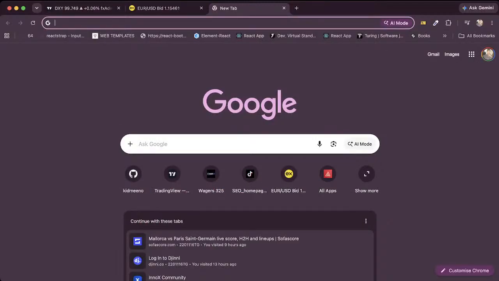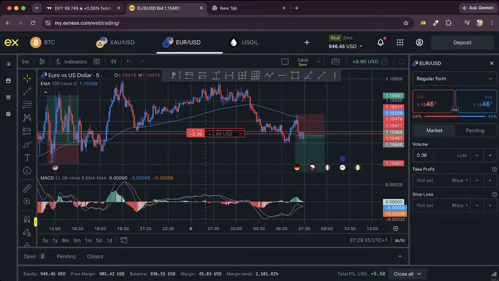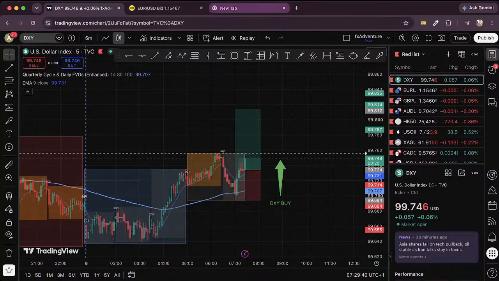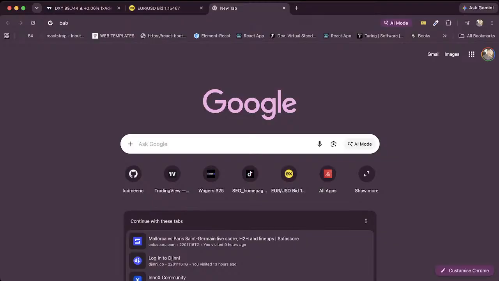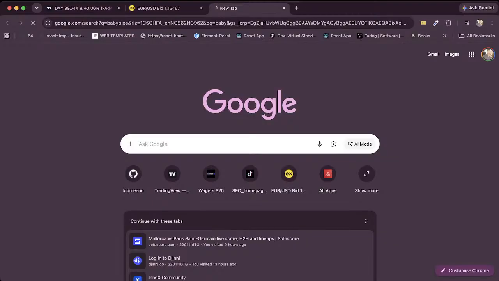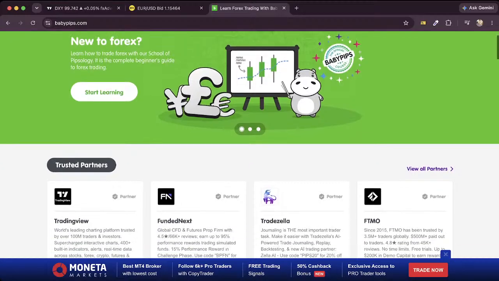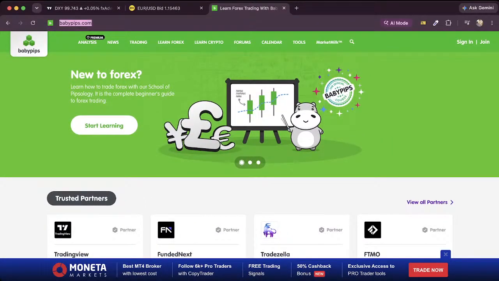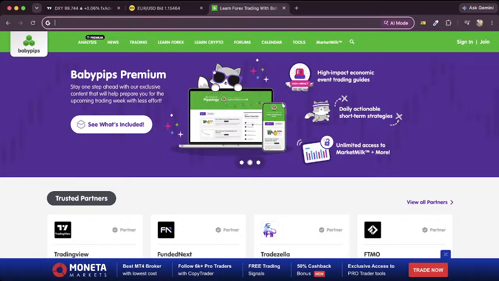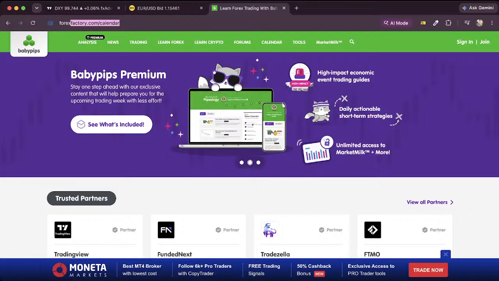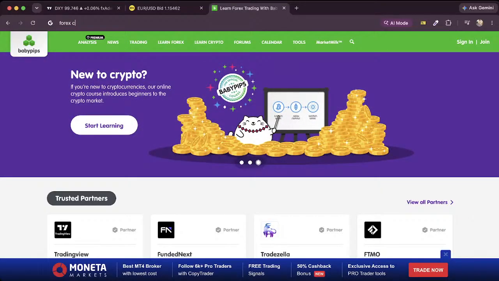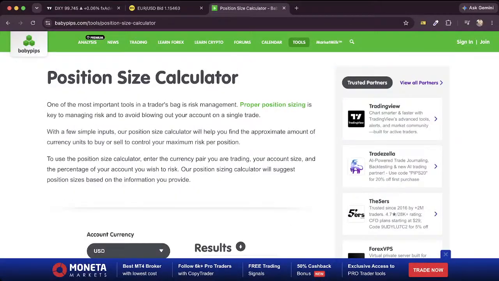Just if you want to know, there's something we call baby pips, kind of price size calculators.